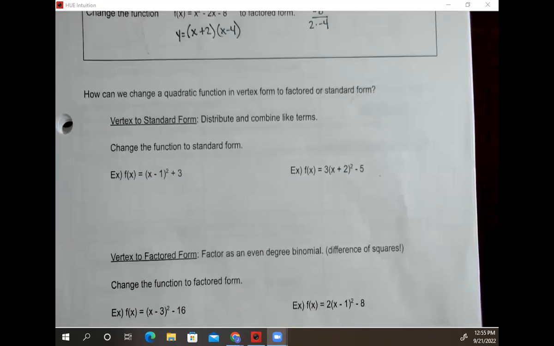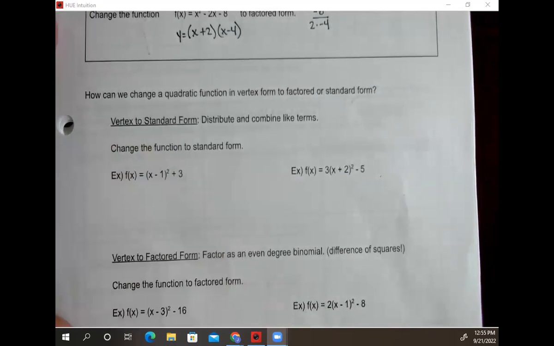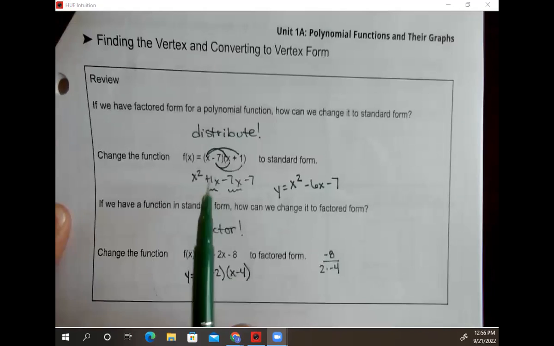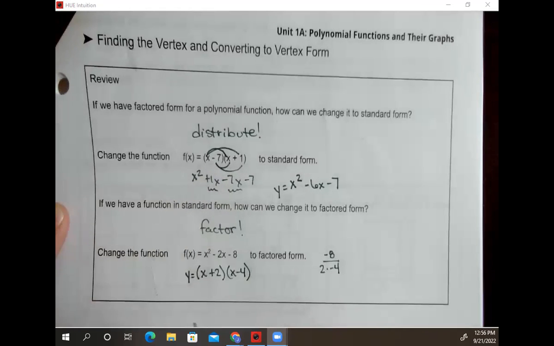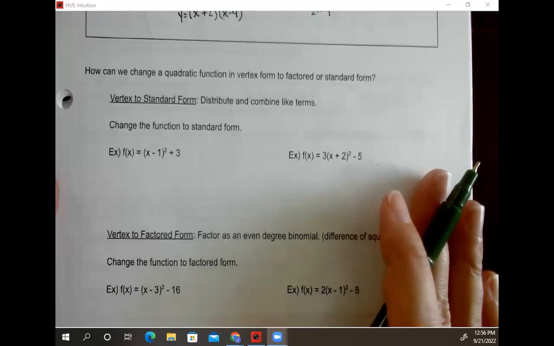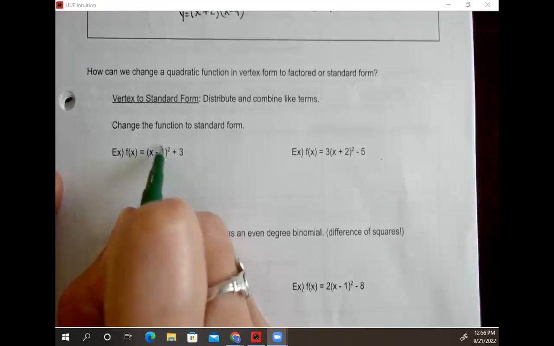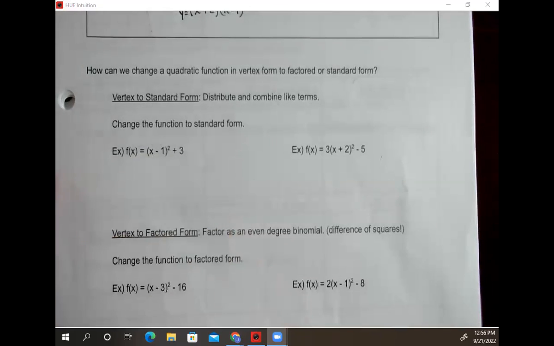So towards the middle of page 39, we're going to start with changing from vertex form to standard form, okay? So I'm going to handle this the same way that we handled changing from factored to standard, okay? We're going to distribute. The only extra piece that I get here is that part that's written as a square, I've got to write it twice before I can do my distributing.